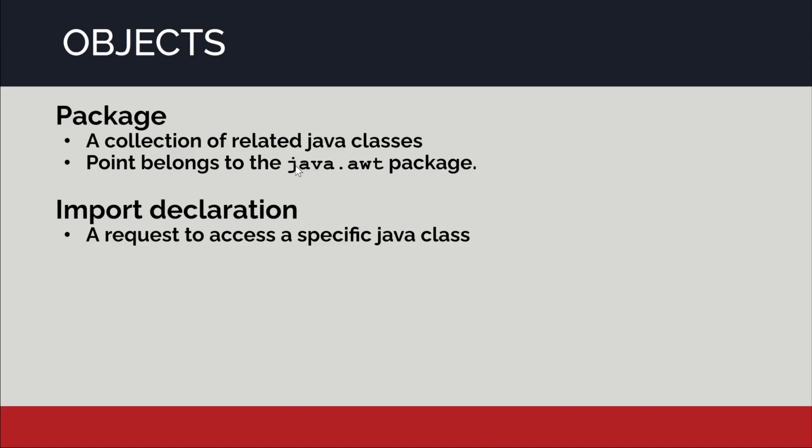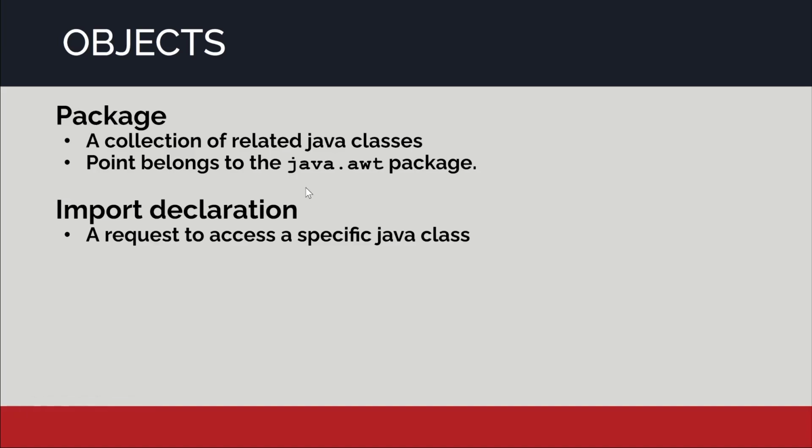They're organized into a series of folders conceptually, and it'll be in a folder with other related things. So graphics are going to be in one folder, math stuff is going to be in another folder, and so forth. And the Point class lives inside this java.awt package. We don't need to know what that stands for, we just know that's where it is.